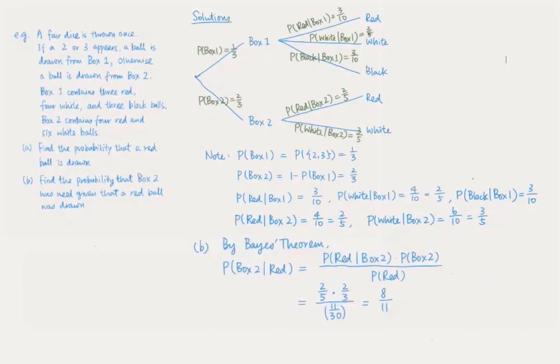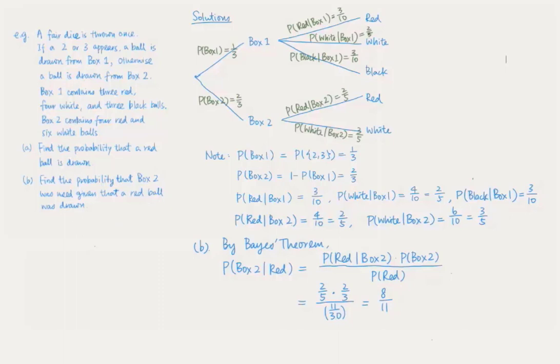Part B, we would like to find the probability that box 2 was used given that a red ball was drawn. As a remark, it is more natural for us to first know which box is used before we know whether the color of the ball drawn is red. It is more difficult to know the probability that box 2 is used given that the red ball is drawn.